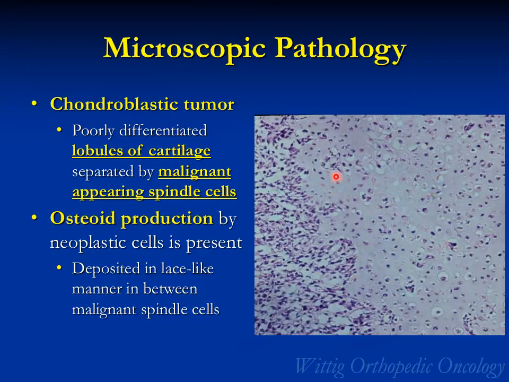And these lobules of cartilage are separated by malignant appearing spindle cells, which you can see over here on this portion of this slide. Hypercellular spindle cell area. And the osteoid production usually occurs in the spindle cell area of the tumor. It's deposited in a lace-like manner in between the malignant spindle cells.